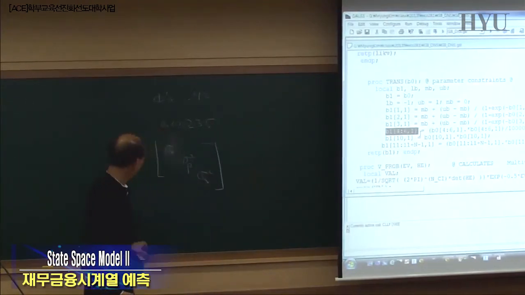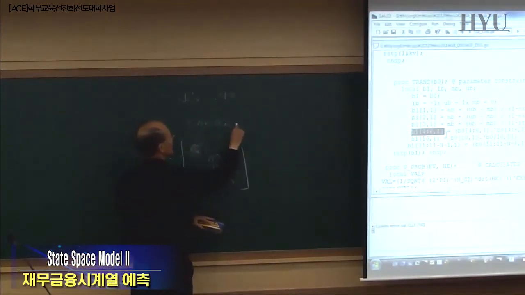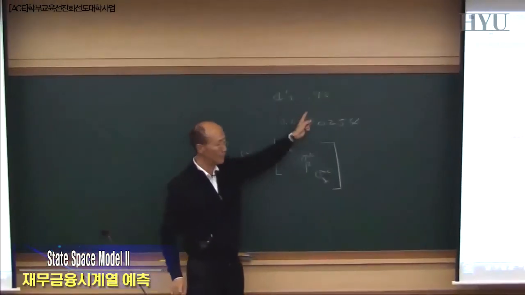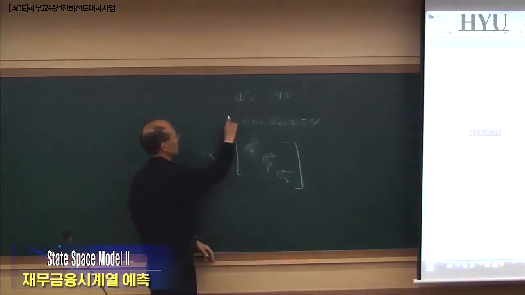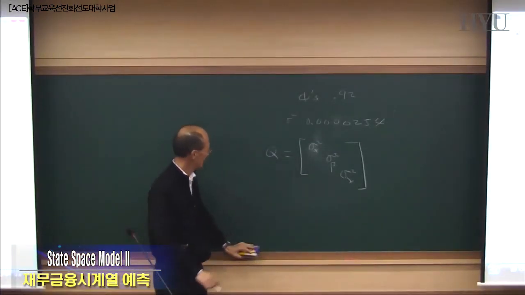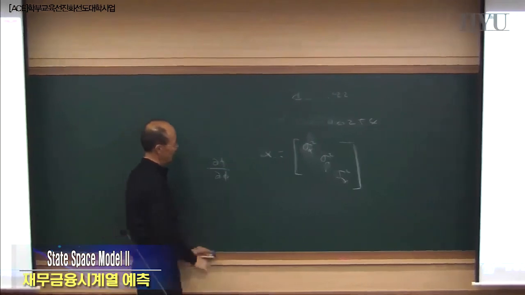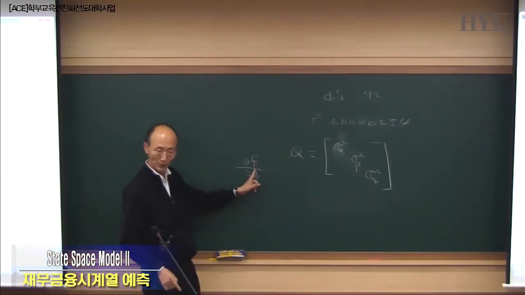And in the worst case, if the variance is something like this, the scales are very different. Usually, the way we calculate this one's first derivative, what is a small change?